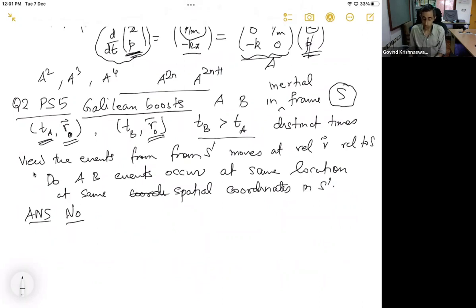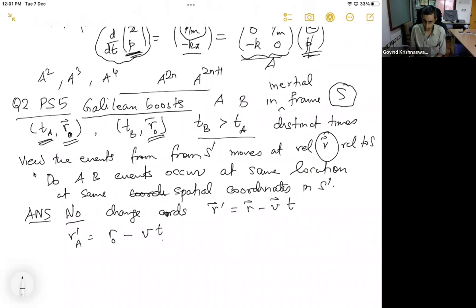We have a way to change coordinates. Yeah, and that is R prime in the new frame is R minus Vt, where V is the relative velocity. And therefore, R prime A is equal to R naught minus V tA, while R prime B is R naught minus V tB.